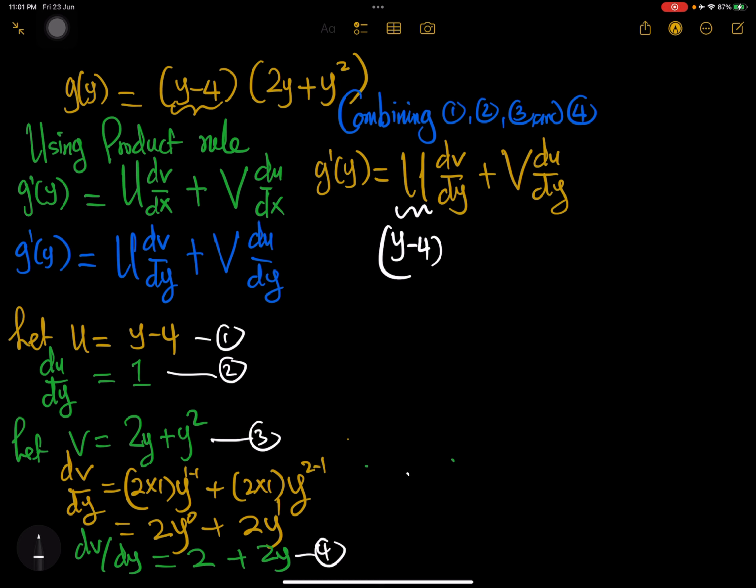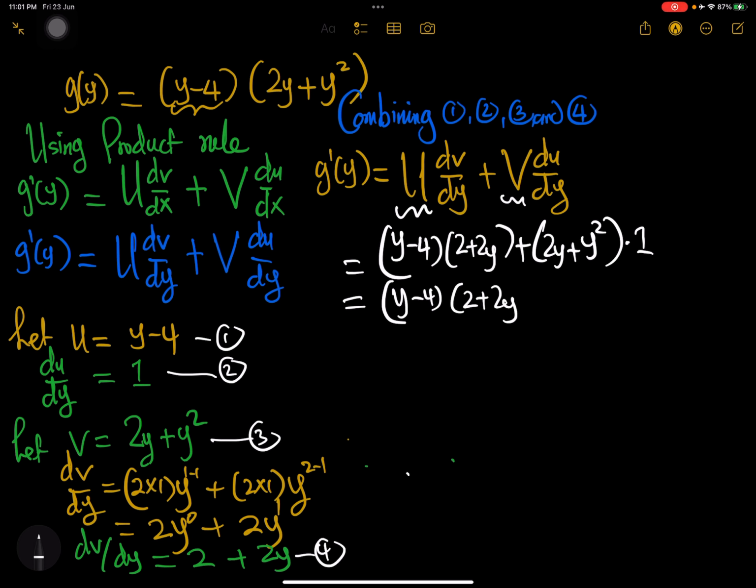Our dv dy is equation 4, which is 2 plus 2y. Plus, what is our v? Our v there is equation 3, 2y plus y squared, multiplied by du dy. Du dy is equation 2, which is 1. And then we are going to get y minus 4 into 2 plus 2y, plus 2y plus y squared, because the 1 will multiply the 2y to be 2y, and the y squared to be that.